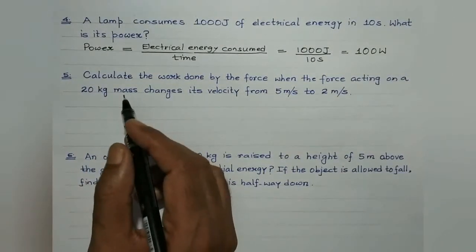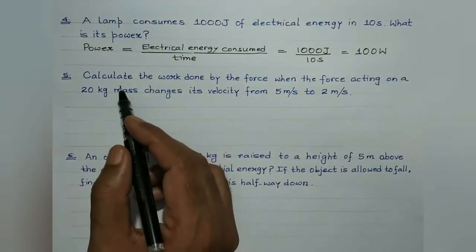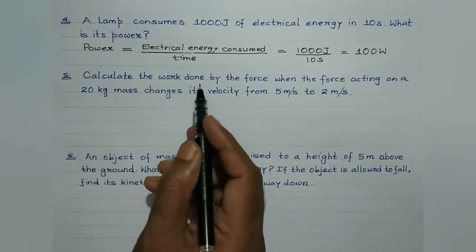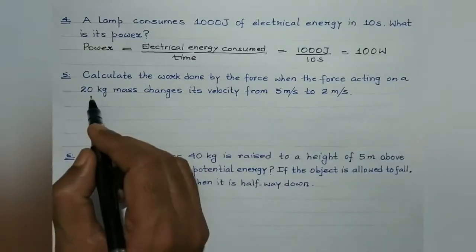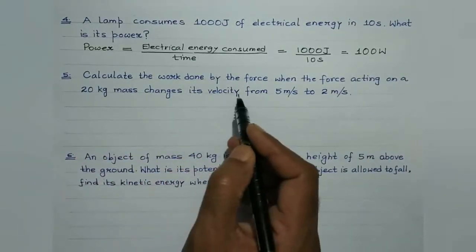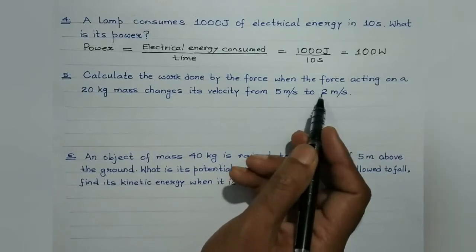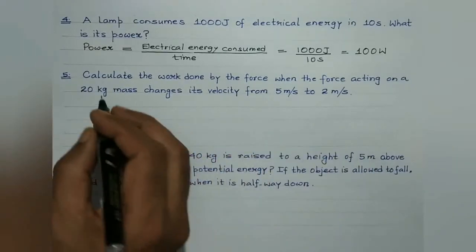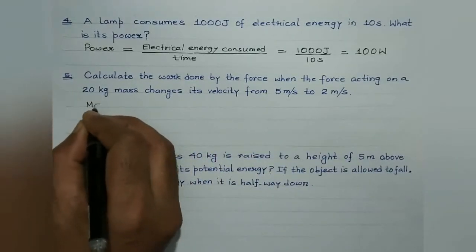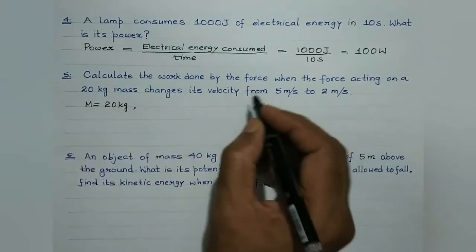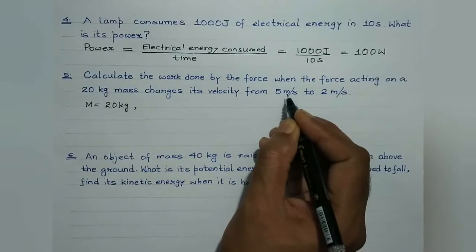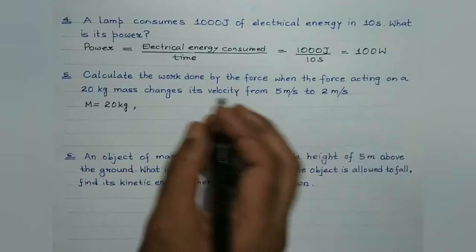Now let's proceed to question number 5. Calculate the work done by the force when the force acting on a 20 kg mass changes its velocity from 5 meter per second to 2 meter per second. So the mass of the body is given to be 20 kg. And the body changes its velocity from 5 meter per second to 2 meter per second.